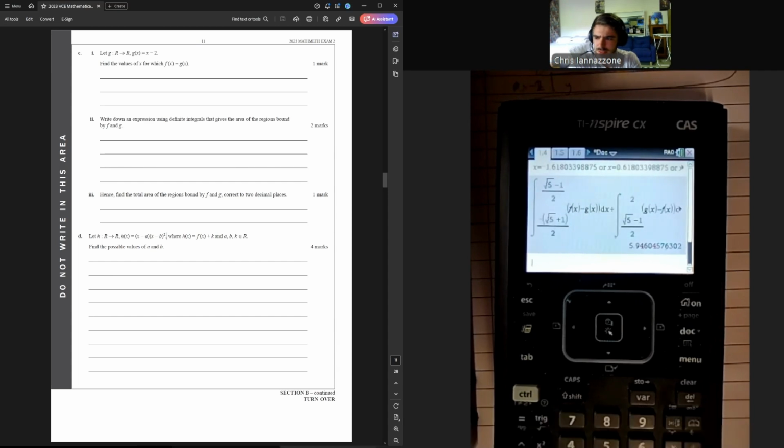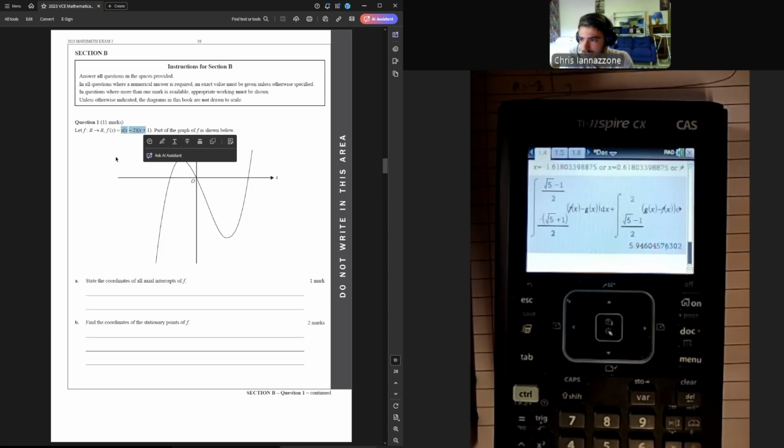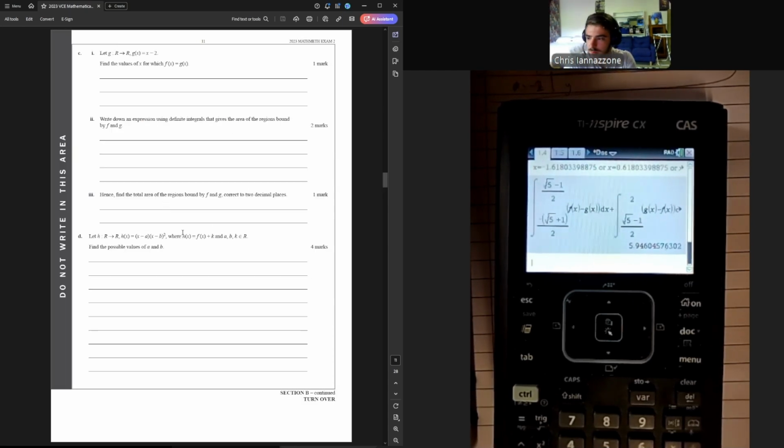Okay, so here's where things get just a little bit trickier, specifically with part D over here, where we are told that h of x is basically equal to a changed version of f of x, where f of x was that previous cubic that was in its factorized form. If we take a quick look at what h of x is, it's a linear term multiplied by a repeated linear term.